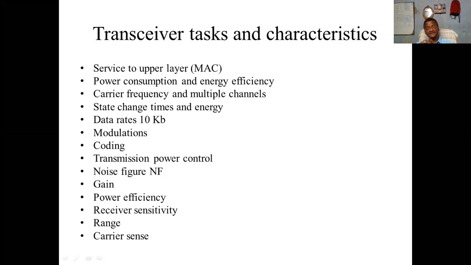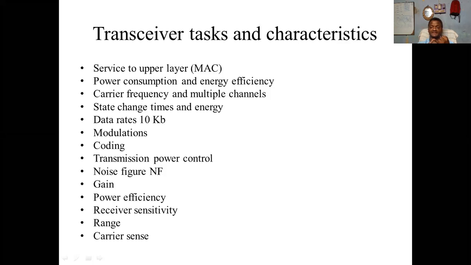Next is the range. Range stands for this: if your sending signal is more powerful, then as we know from communication, if the signal power is large, it can reach the destination over a long distance without any error. In ideal conditions, there are different factors that should be considered.